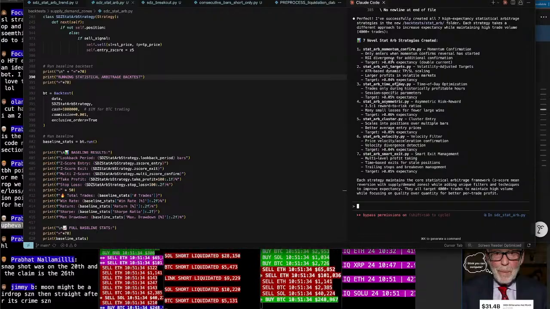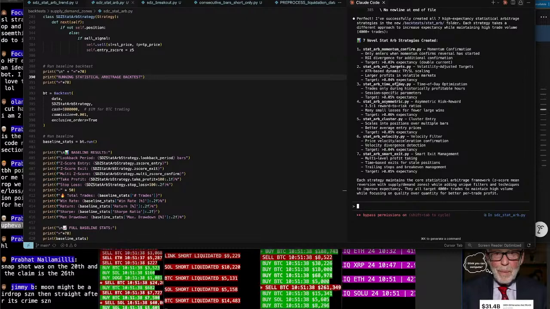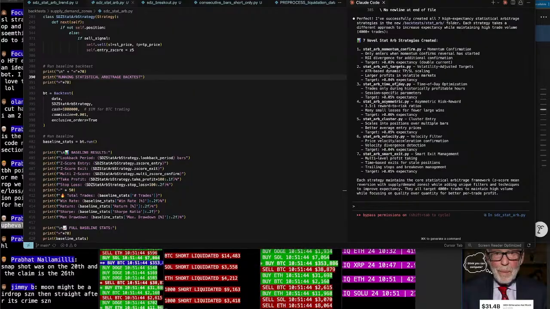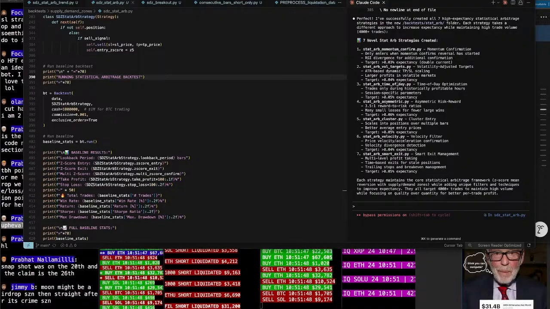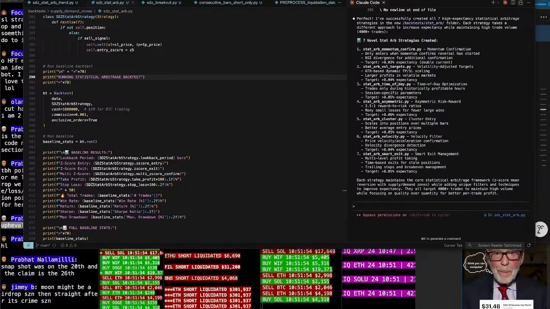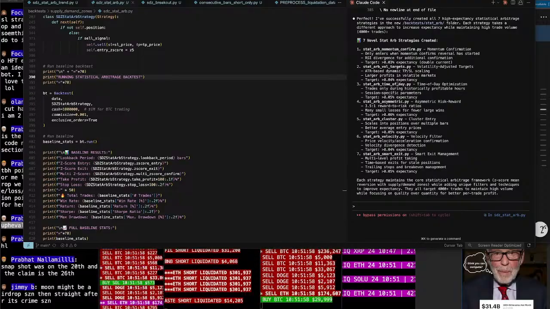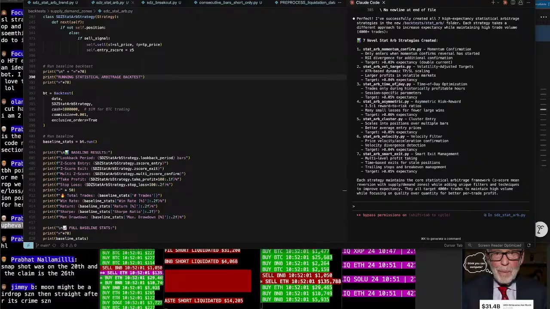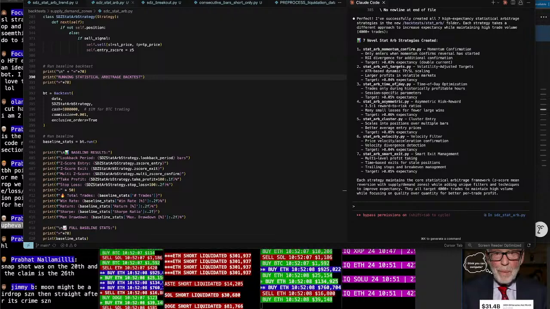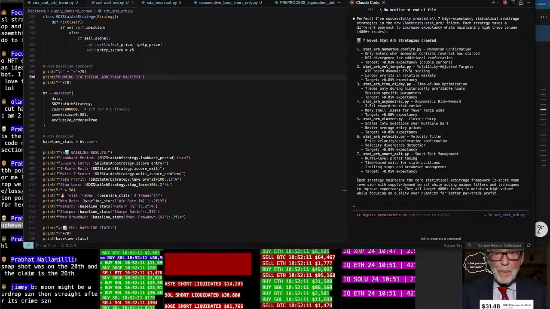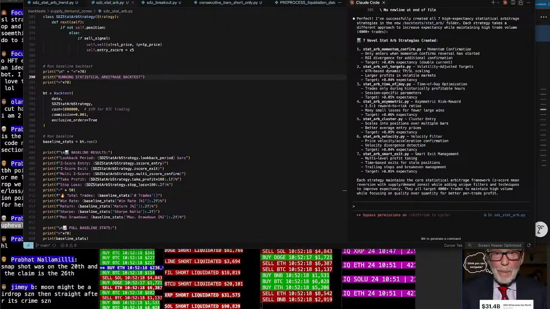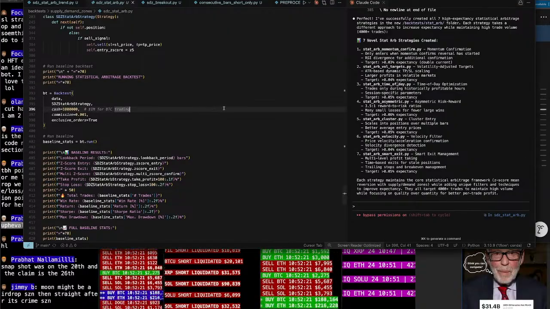So let's start with the stat arb momentum confirm. So let's go over to backtest here.